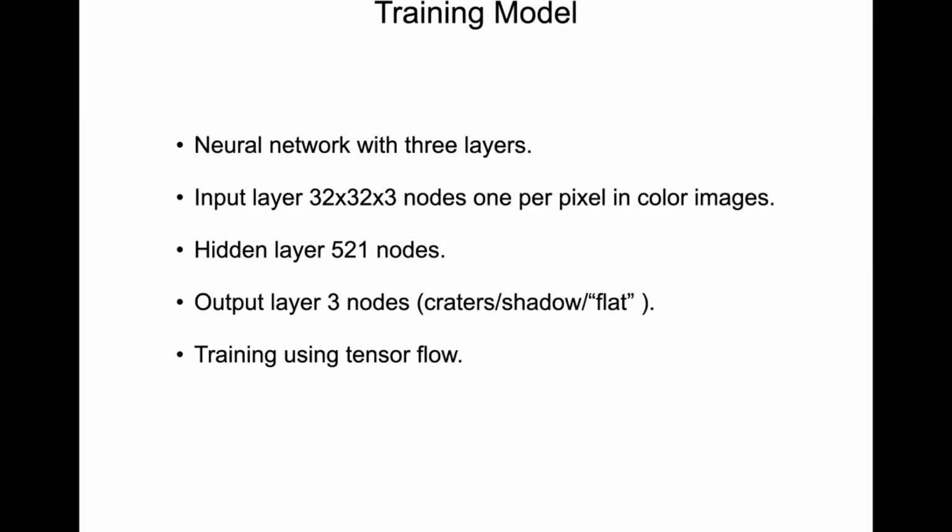It has a hidden layer of 521 nodes, and the output layer has 3 nodes corresponding to the 3 classes: craters, shadows, and flat regions. For training, we use TensorFlow, which is commonly used for neural network training or even for deep learning.